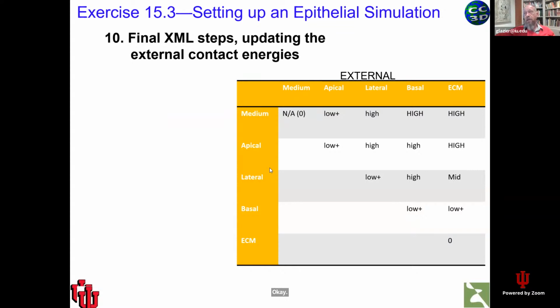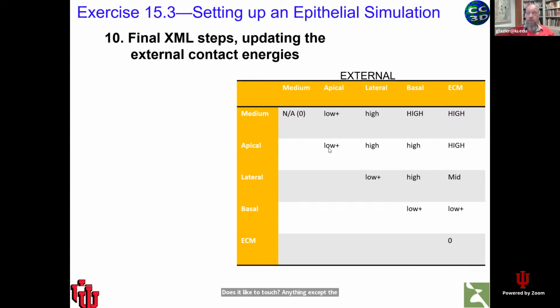Now for external energies, it's a little more complicated. Medium, which is on top, has a low energy with the apical surface. That's how epithelia work. The apical surface has a low contact energy with medium. Medium has a high contact energy with lateral surfaces and basal surfaces. Doesn't like to touch anything except the apical surface.